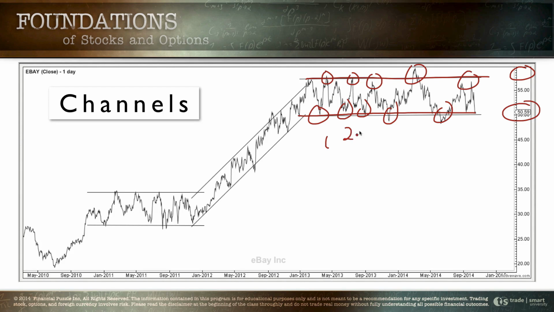Let's just call that 1, 2, 3, 4, 5 opportunities, and we'll just make this very conservative. We'll say we made $6 a share on each of those. So what is that? 5 times 6 is $30. So over the course of a year here, maybe a year and a half, we could have easily made another 50% or better of the value of this particular trade.